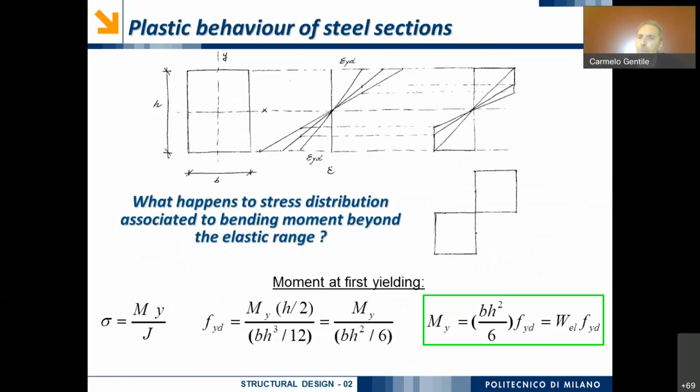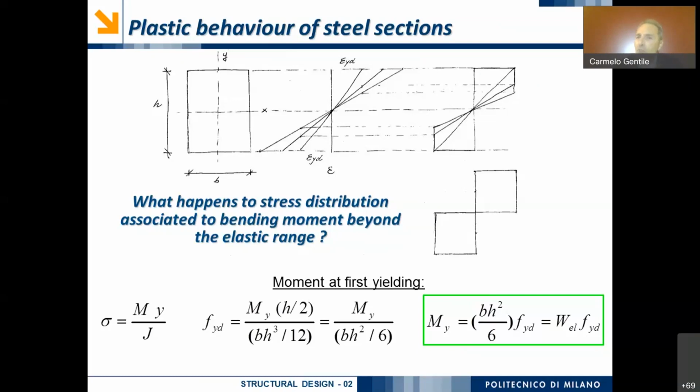The other important aspect to be recalled is that we assume, exactly as it happens in the elastic range, that under bending moment our cross section rotates remaining plane.